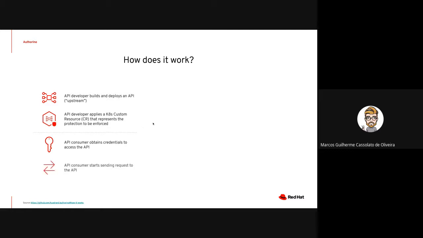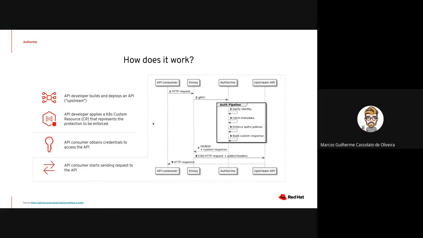In request time, Envoy intercepts the traffic, passes control to Authorino, and Authorino verifies the identity based on that provided access token, eventually fetches some additional metadata required, evaluates authorization policies, builds some custom responses, and hands control back to Envoy. Envoy will either continue with the chain of HTTP filters, ultimately redirecting the traffic to the protected upstream, or returning right away to the client.